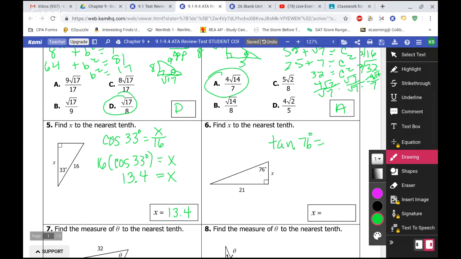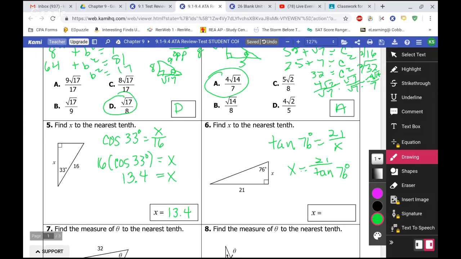Tangent is opposite over adjacent, so that means we're going to have tan 76 equals 21 over x. Remember, the shortcut when you have your variable in the denominator is just to flip places with your tangent 76 and your x. I proved it in class and I've proved it once on Math Lab. I hope y'all just trust me at this point. And let's just work this out.